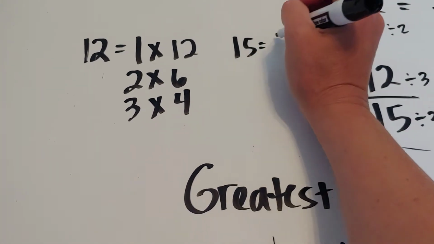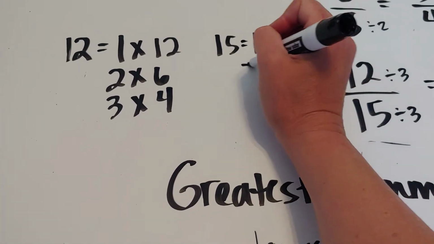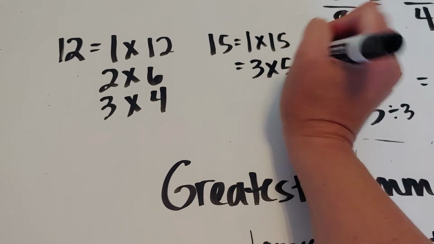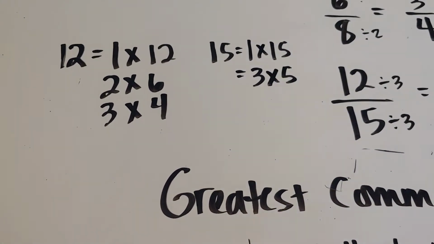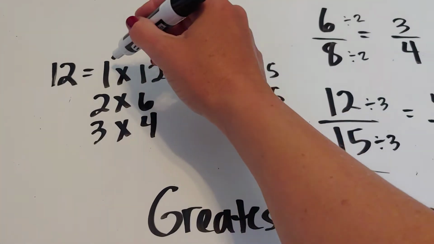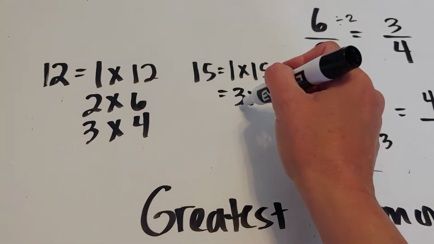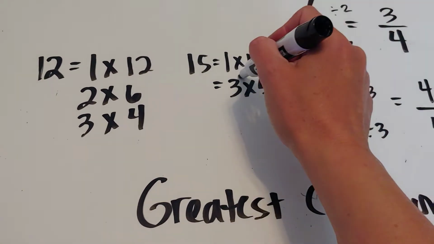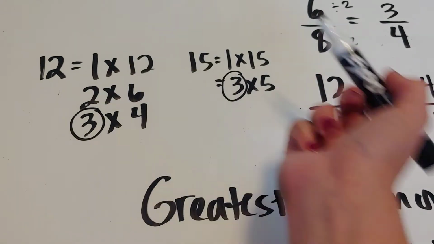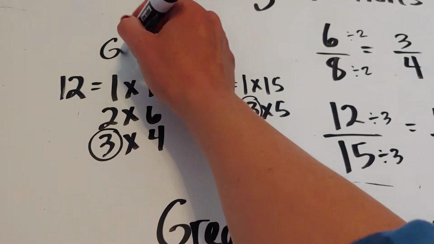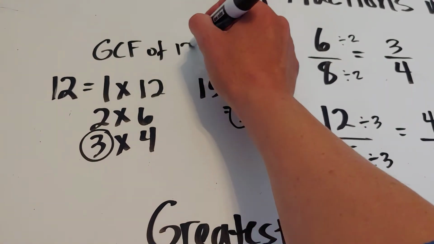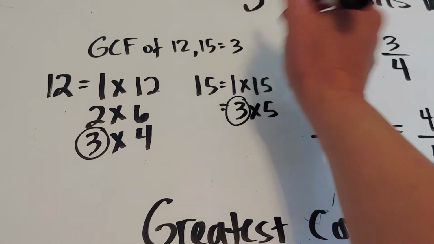For 15, it's 1 and 15, 3 and 5. That's it. So if I look at these lists, 1's on both lists, 3's on both lists. But which one's bigger? 3. So the GCF of 12 and 15 is 3.